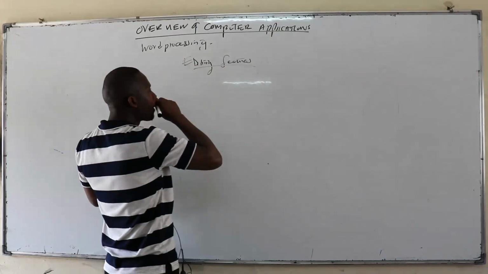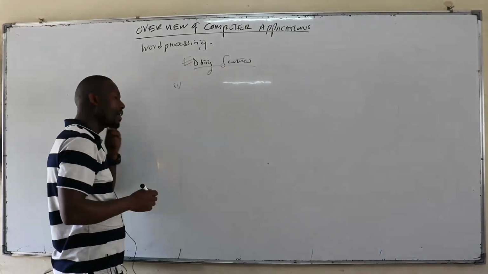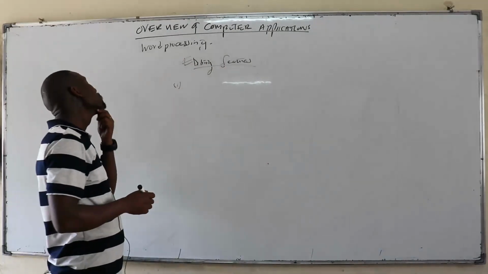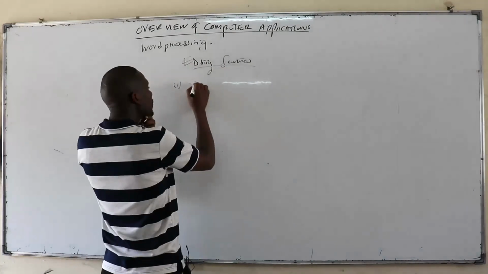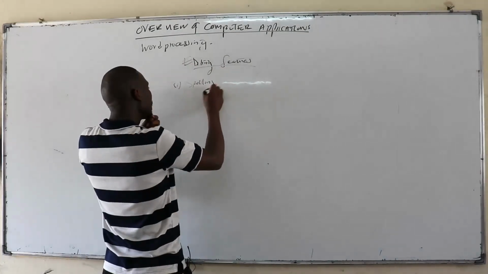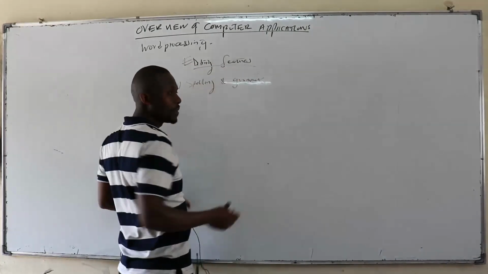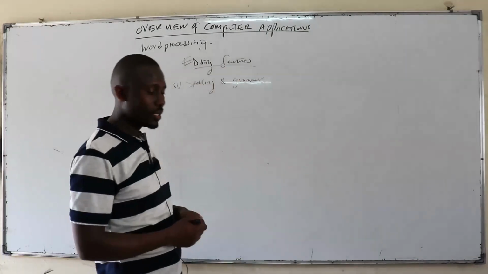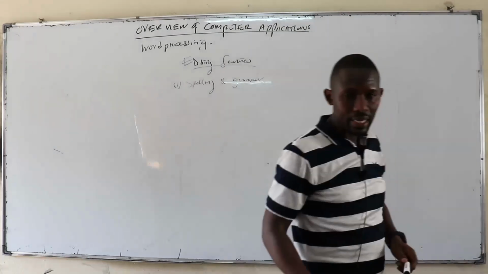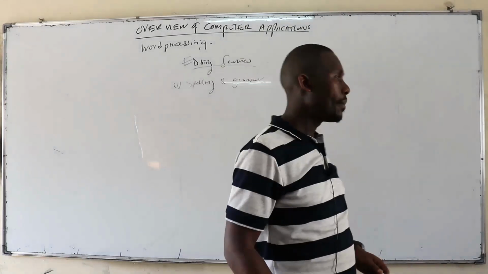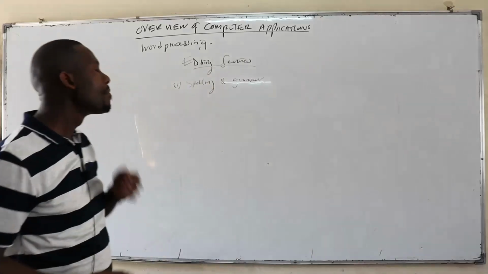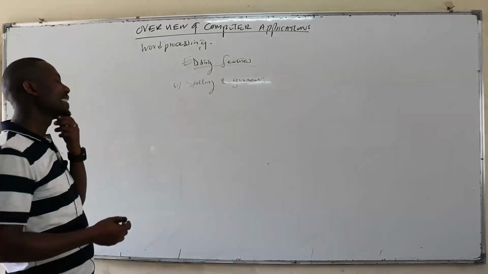Number one, we have the spelling and grammar checker, which we may have discussed previously. Number two, we have the thesaurus.